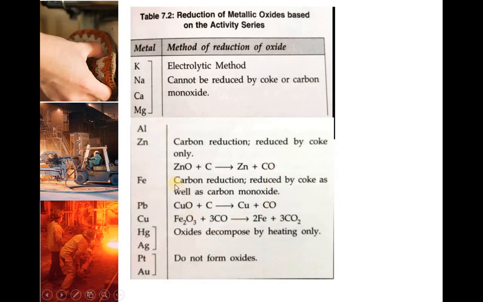Here also for copper, iron, the same takes place. For mercury and silver, the oxides decompose by heating only, and platinum and aurum do not form oxides. So this is the activity series, where reduction of metallic oxides is based on the activity series.